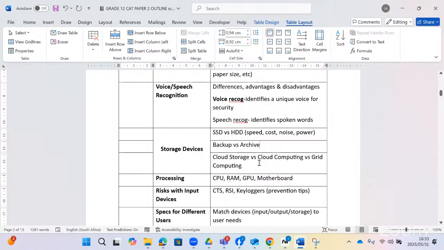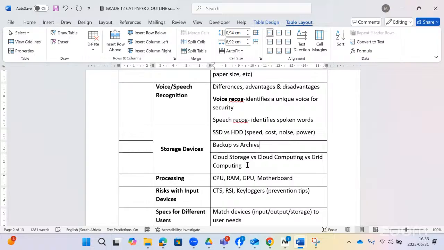Then you must also know the difference between cloud storage and cloud computing, as well as grid computing. Now, cloud storage, storing of files on the internet. Cloud computing, making use of computing services through internet. For example, using software like Office 365 online, or saving your work.